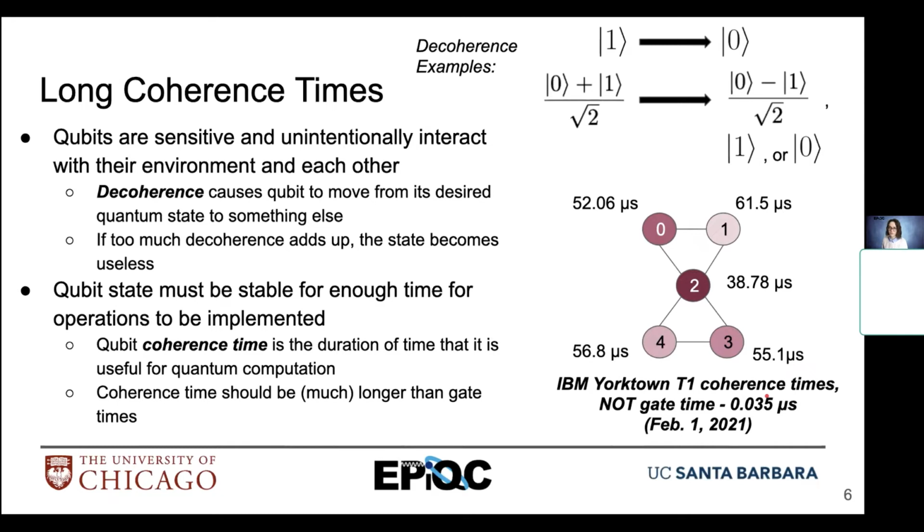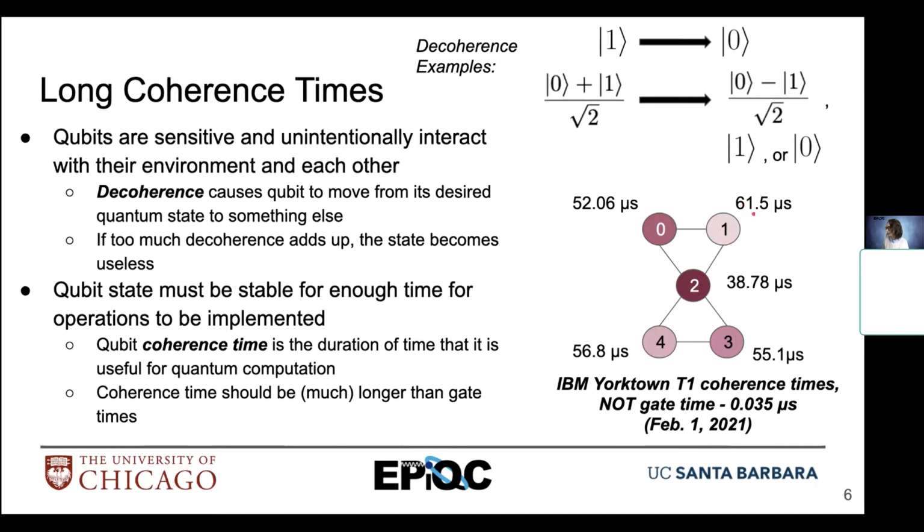There are a couple of different types of coherence times, but we'll just look at T1. If we look at a NOT gate time, which is 0.035 microseconds, and we look at the coherence times for these qubits, we can see that the coherence time for qubit 1 is significantly more than qubit 2.